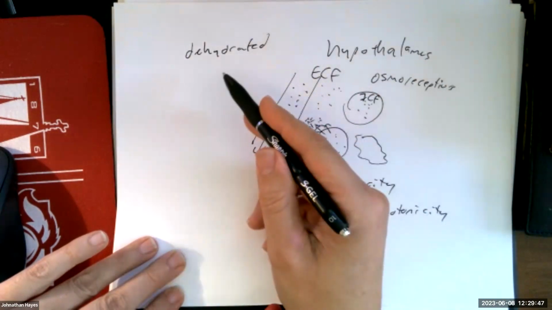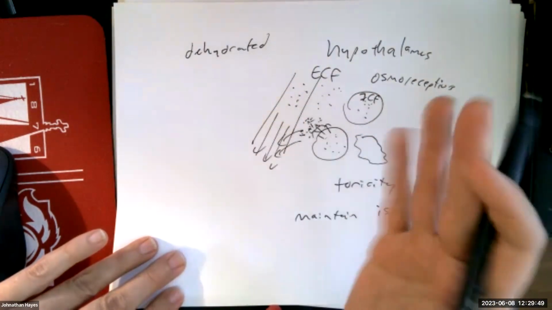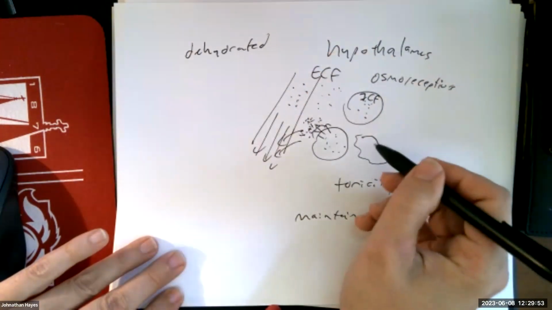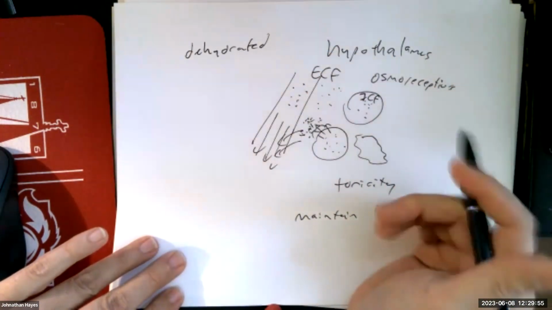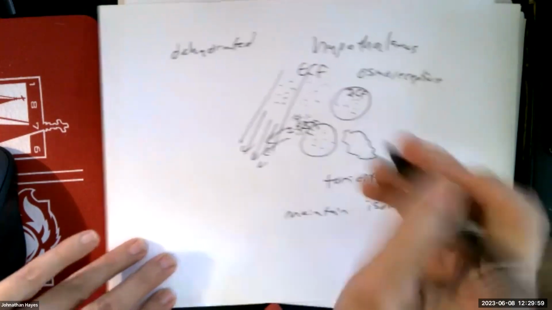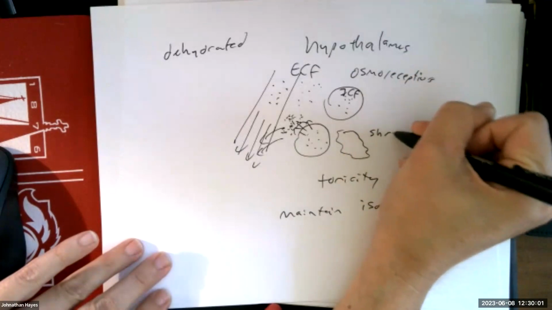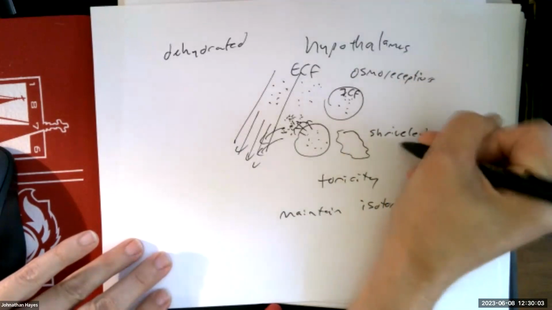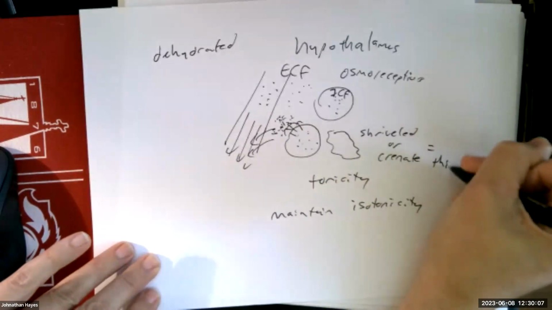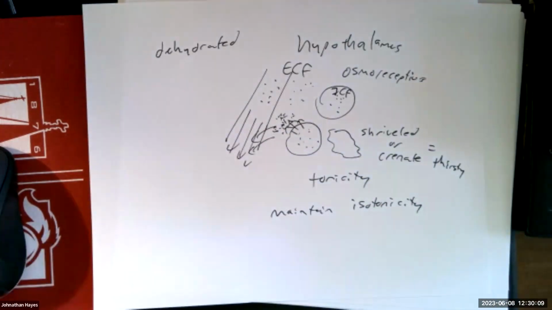So when I'm dehydrated, if I'm just losing water and not electrolytes at the same time, that creates hypertonic environments. While this cell is shriveled, or crenated, that's what's going to make us thirsty. Pretty easy concept.